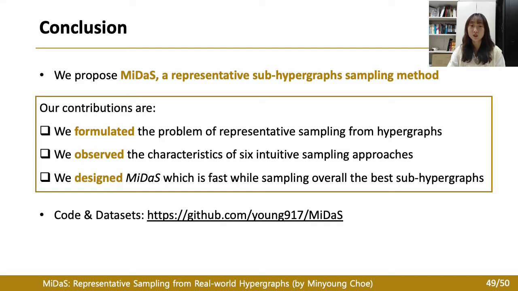Our formulation is based on 10 pervasive structural properties. Second, we observed the characteristics of 6 intuitive sampling approaches. Lastly, guided by these characteristics, we designed Midas, which is tested while sampling over the best sub-hypergraphs.